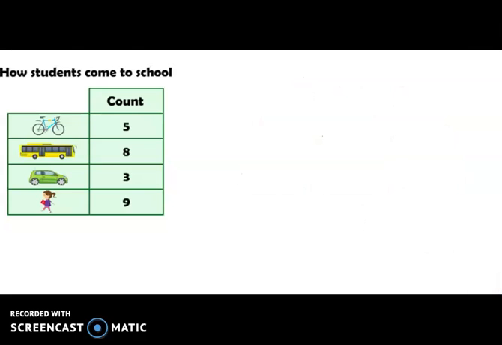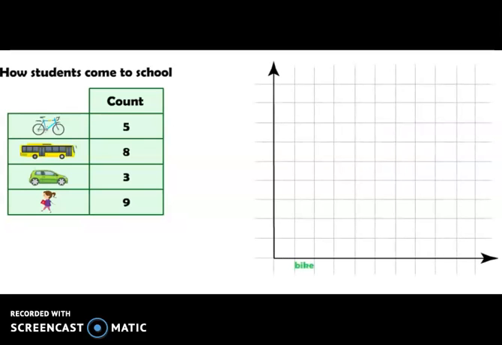One way to represent this count data is to draw a bar graph. But what is a bar graph? Let's use a grid and label our categories. And let's say that coloring one square would represent a count of 1.